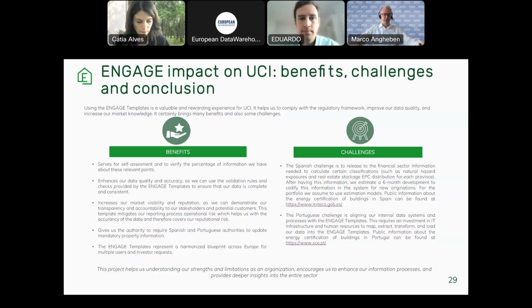In the ESMA templates, what is used is not the address, but the regulators use the NACE code. And for this reason also we have used the loan ID, the collateral and the building ID. So how have you resolved this issue within UCI?